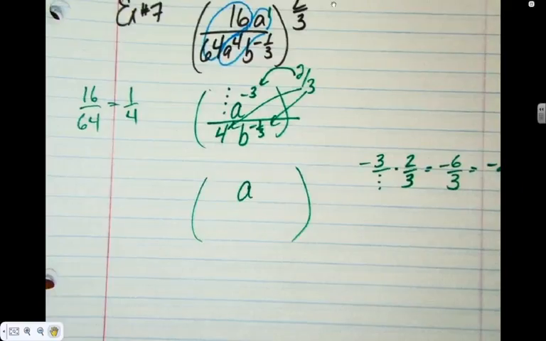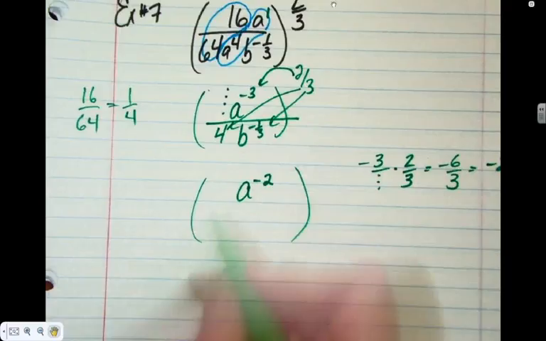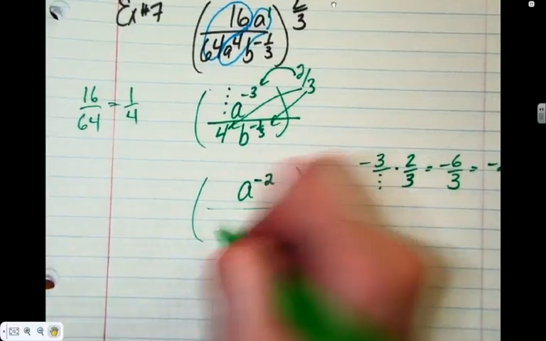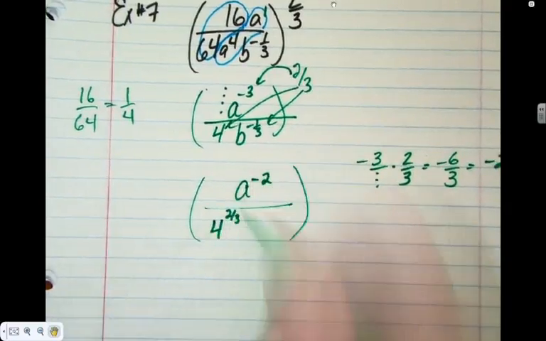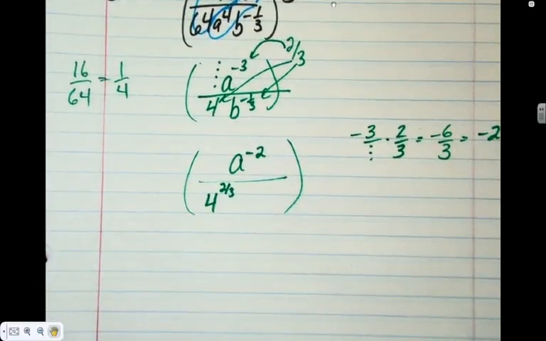Negative 2. Giving it to the 4 just means it becomes 4 to the 2/3. There's nothing else I can combine there. What about the B?